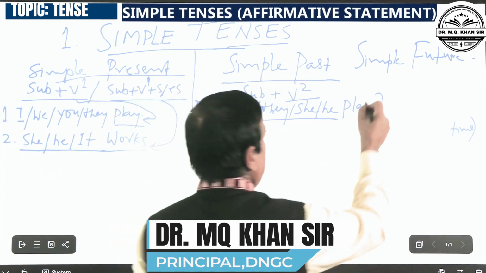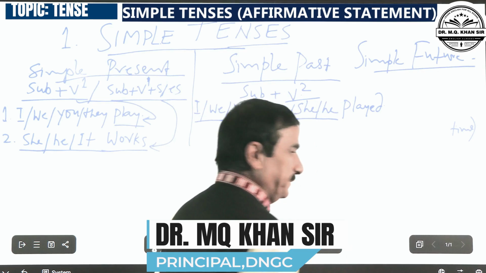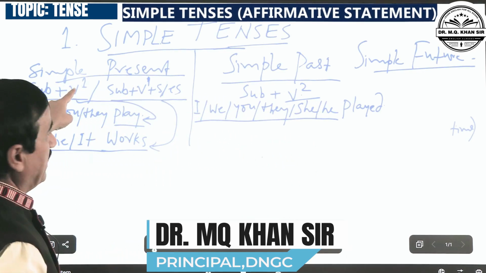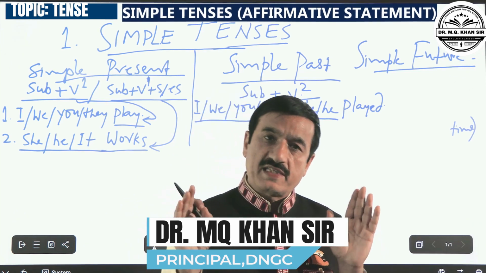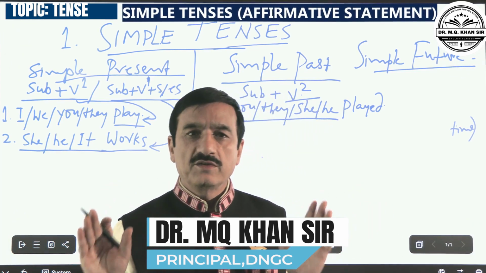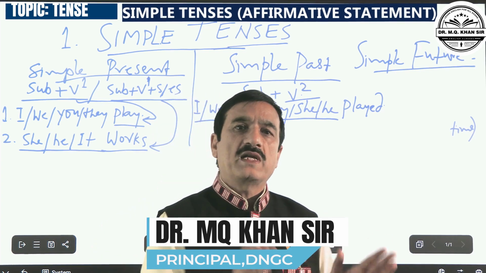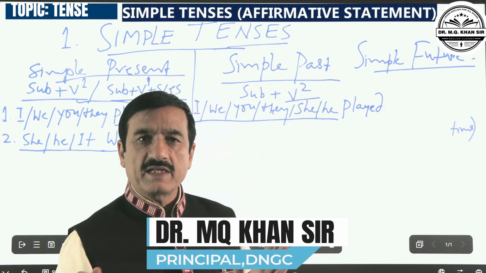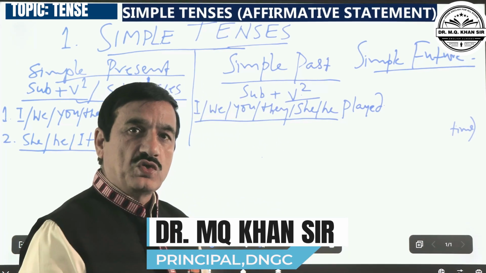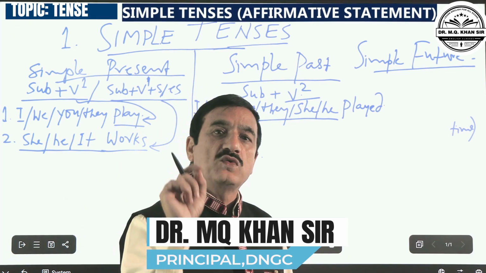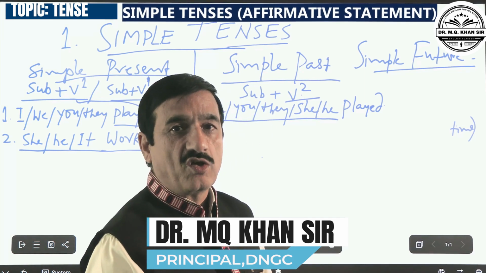Now come to simple future. In simple future, you will use V1, but in all forms of future tense, be it simple future, progressive future, perfect future, or perfect continuous future, it is essential to use the future marker, that is either shall or will.